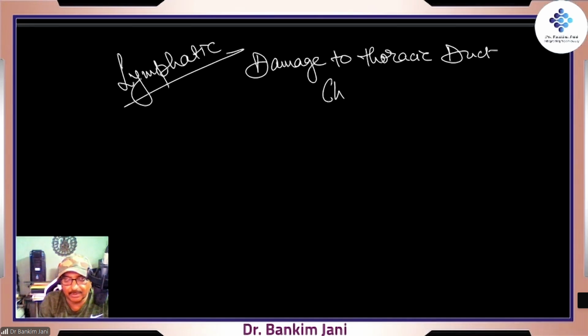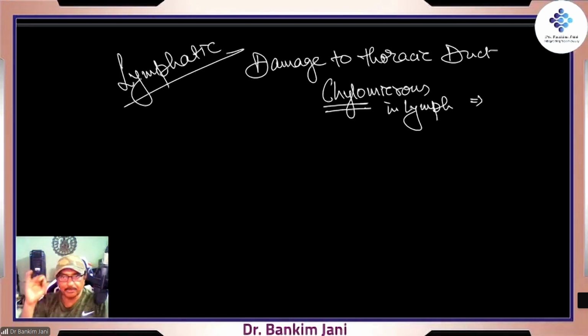It consists of chylomicrons. Chyle is actually the name of the fluid which is running. So it is the chylomicrons which are in lymph, and that's why when you do the pleural tapping, you find that it is milky fluid.